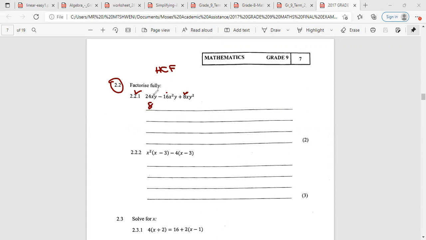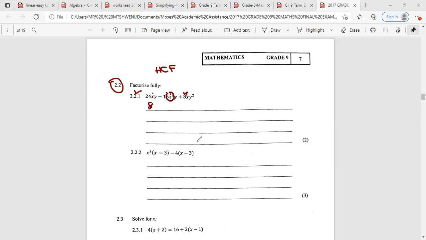I check the variables: having x here, x here, and x here. Here we have x squared, but we cannot take x squared because x squared is not common. The only part that is common is x.